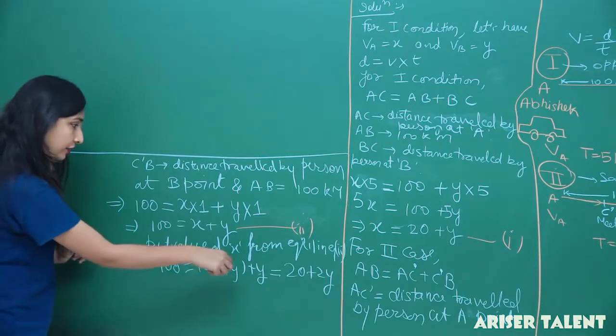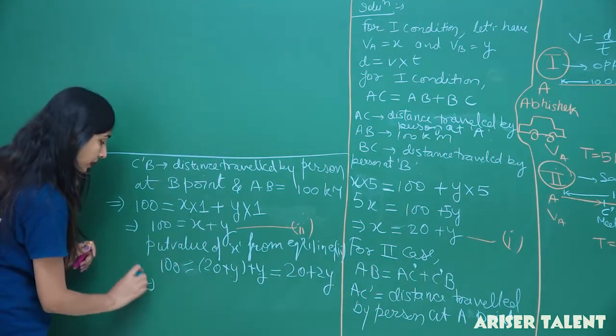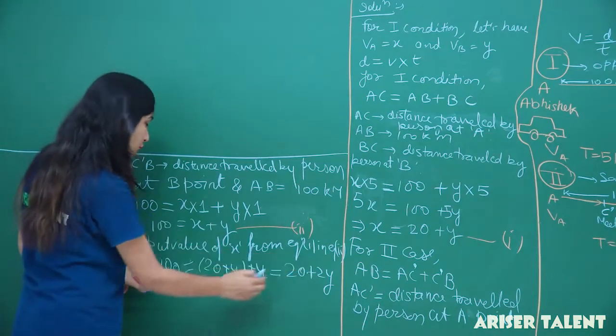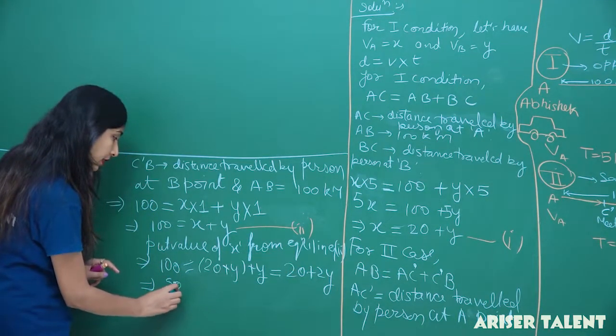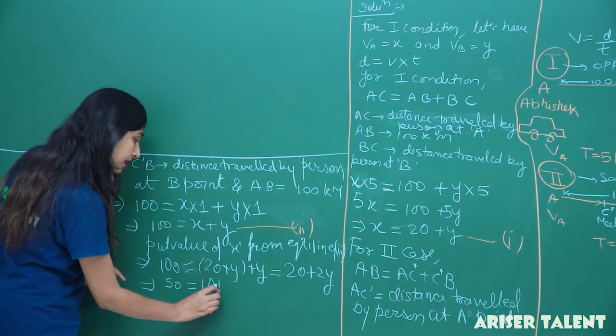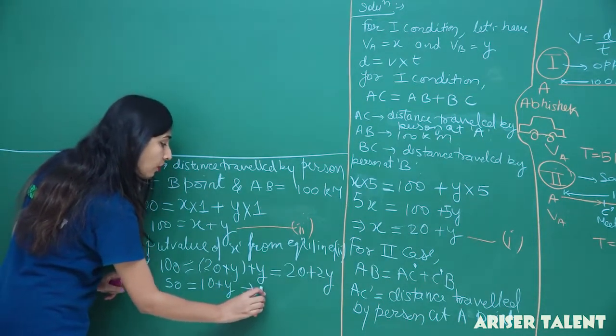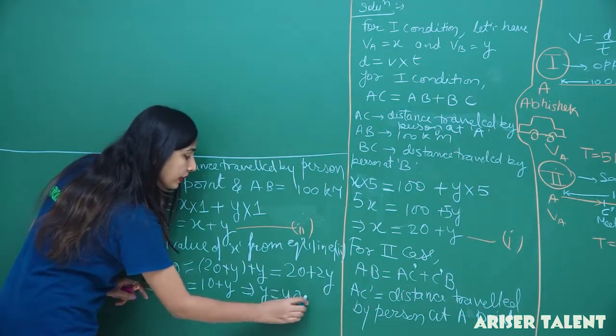Now when you take 2 common on this side, that will be 50 equals to 10 plus y, which implies that y equals to 40.